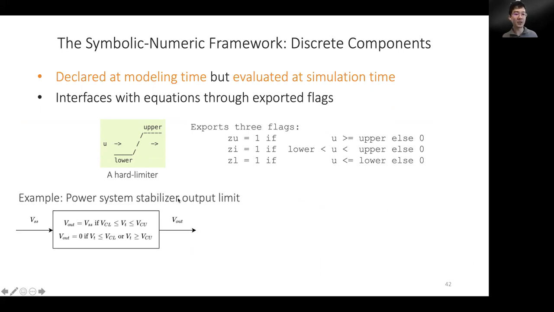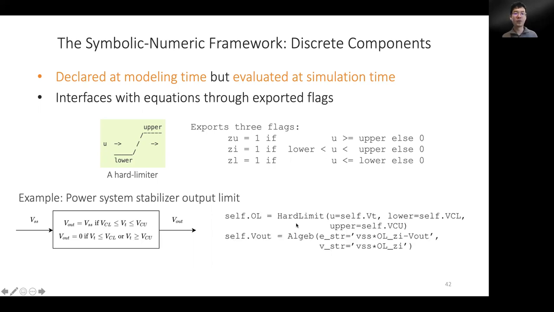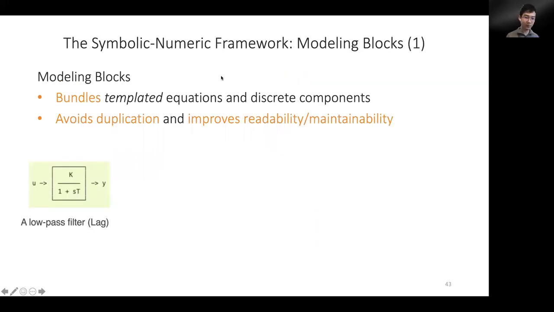So consider a power system stabilizer output where the output depends on whether the terminal voltage is within the bound or not. So we construct a hard limiter called OL, and for the output variable, we construct the equation as Vout equals Vss times OL_zi. So if it's within the range, then zi will be 1 and Vout will be Vss. Otherwise, Vout will become 0.